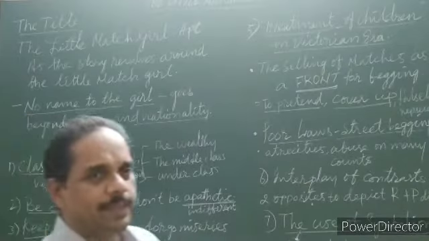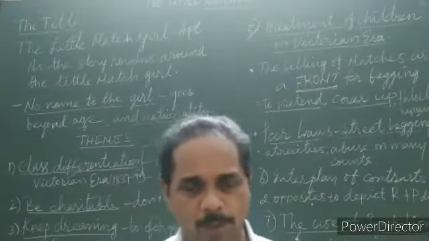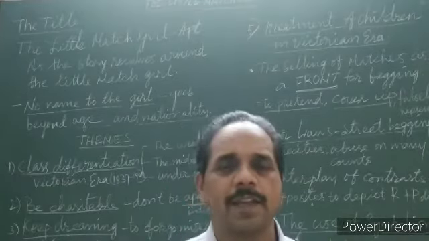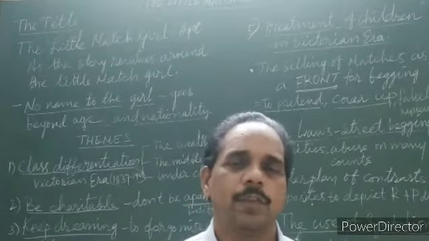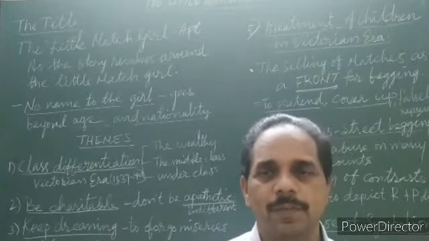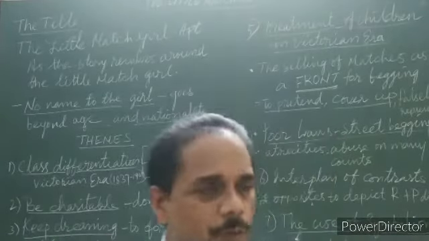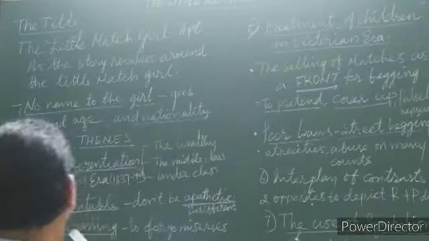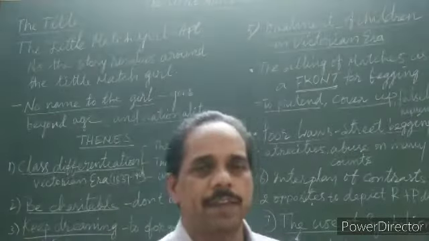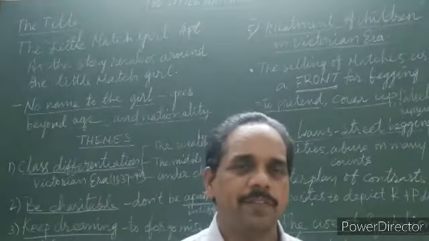Now we shall look at the themes. Themes are very important because what the author wants to convey or what the characters convey through the story is the theme. What are the main themes dealt with in the story? First one is of course class differentiation.